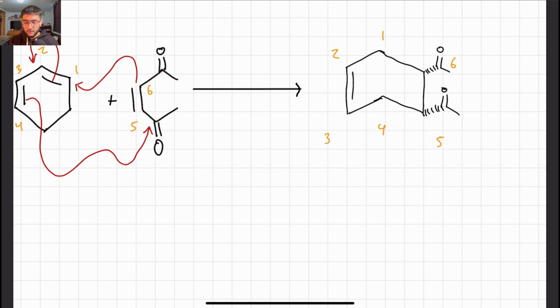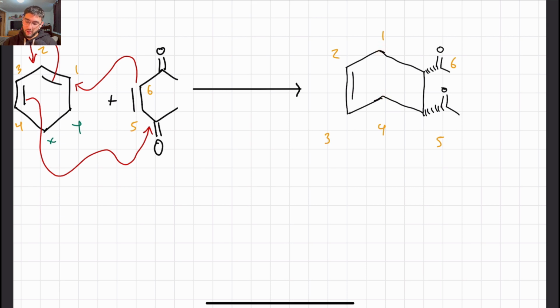Alright, next thing we can do is worry about these. And what I'll do is name these carbons X and Y. So carbon X is touching carbon 4 and carbon Y, and carbon Y is touching carbon 1 and carbon X. So X and Y are touching each other, and X is touching 4, Y is touching 1. So we need to draw two carbons that are touching each other, and carbon 1 and 4.